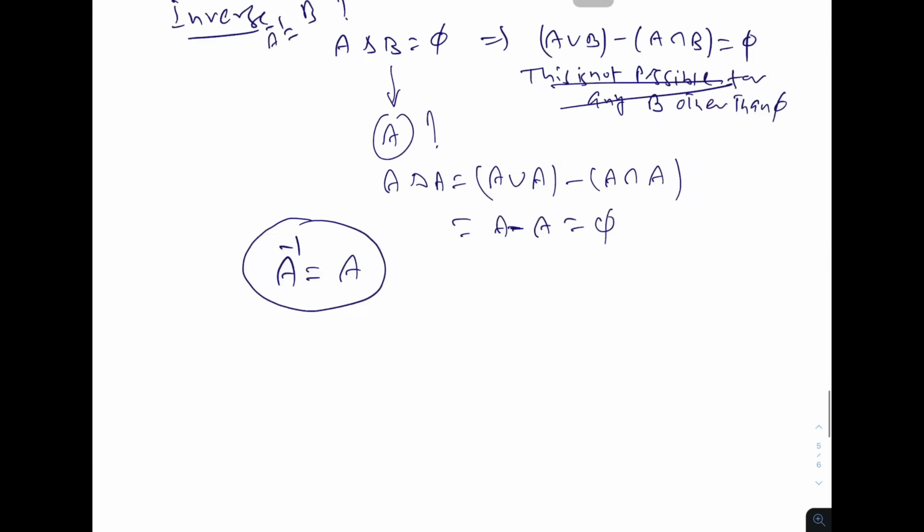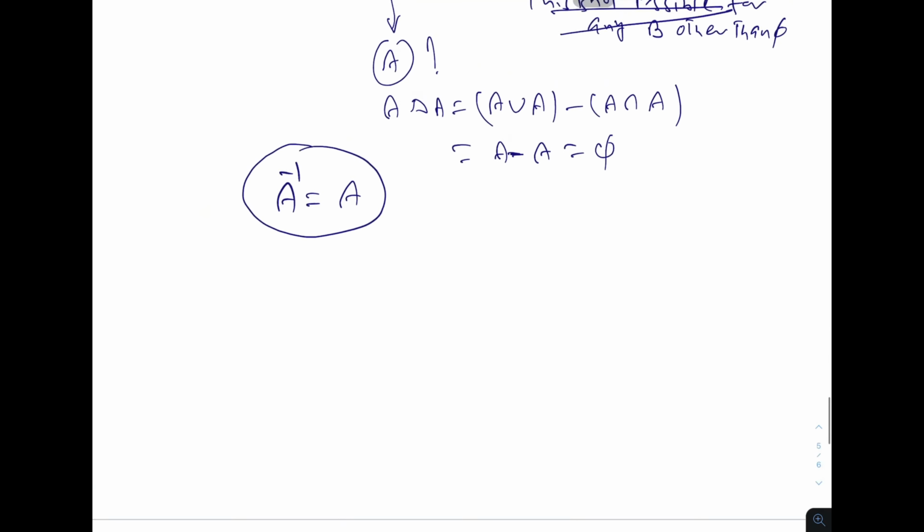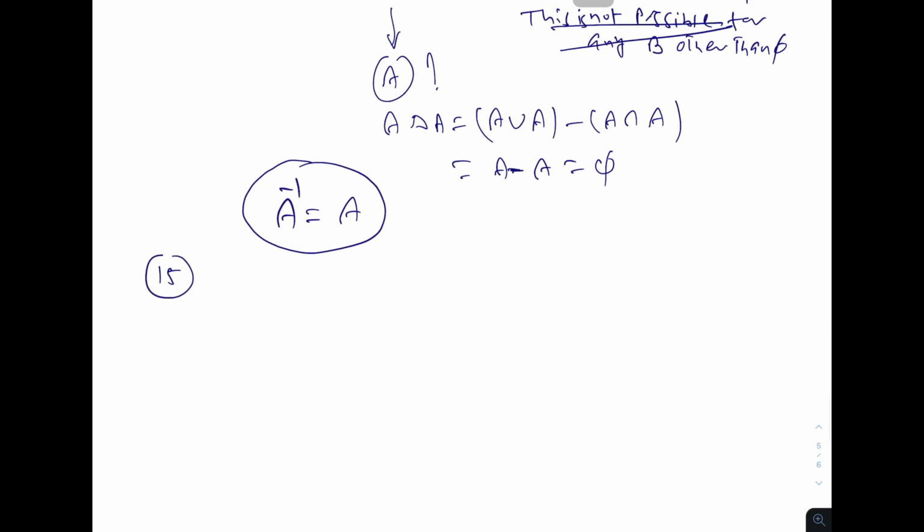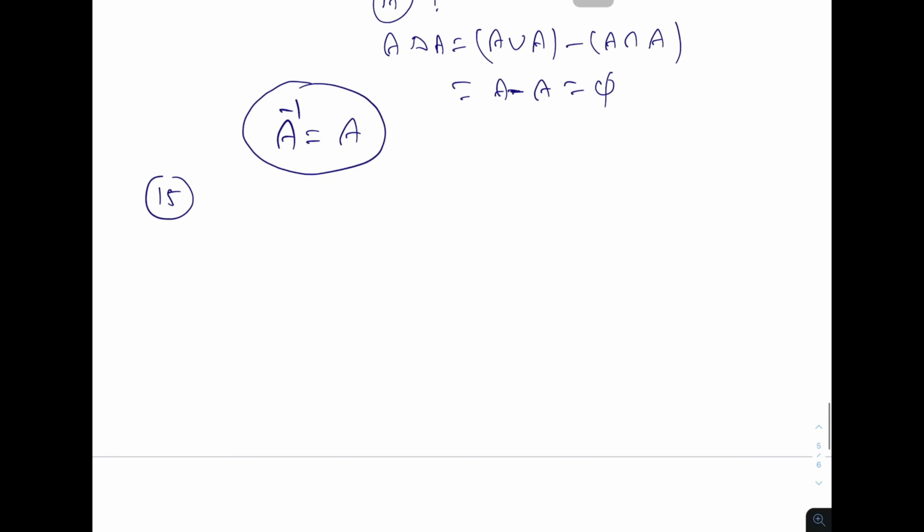Next, let us see. Suppose you have A star B equal to A over B plus 1, say on R minus {minus 1}.